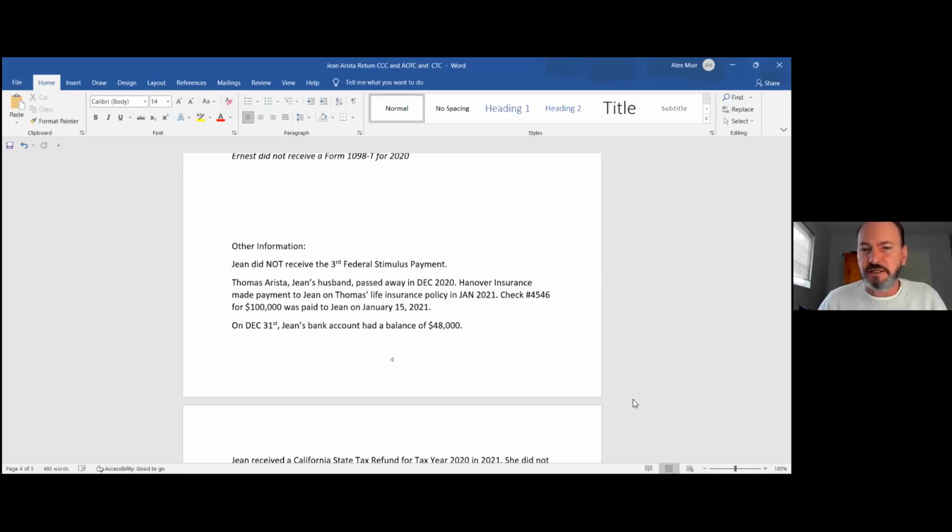Again, no tax consequence. A lot of times in the VITA program, someone will receive an inheritance. The general rule on inheritance is that as the recipient, there's no tax consequence. Now, of course, if you inherit a home and then turn it into a rental, you have to report the rental income.